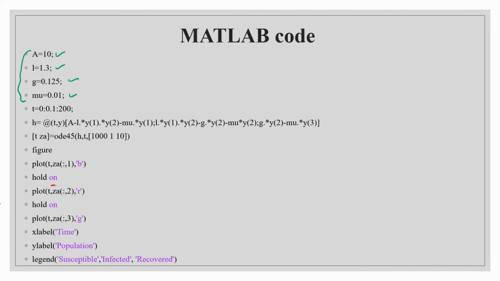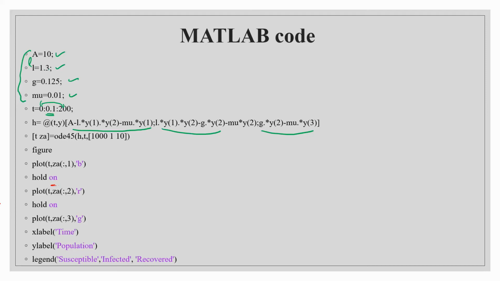Now I am taking t from 0 to 200 and I have taken the step size as 0.1. And what is this h? This h is nothing but where I have written my coupled ODEs. A is the recruitment rate, L is what I took for lambda, the transmission rate, which I have given as 1.3.